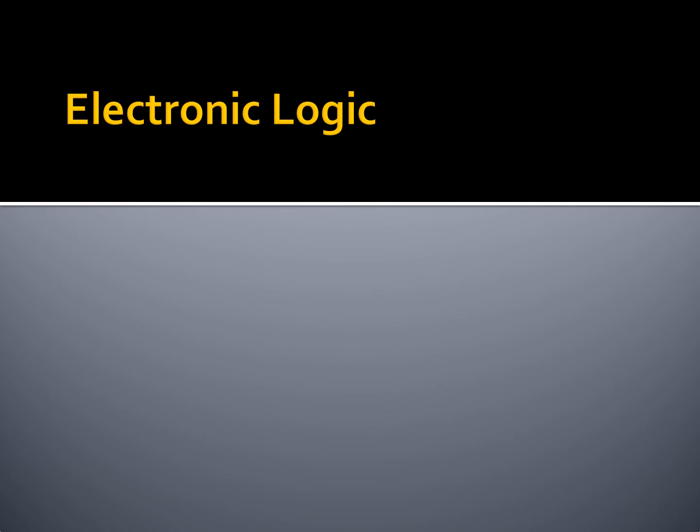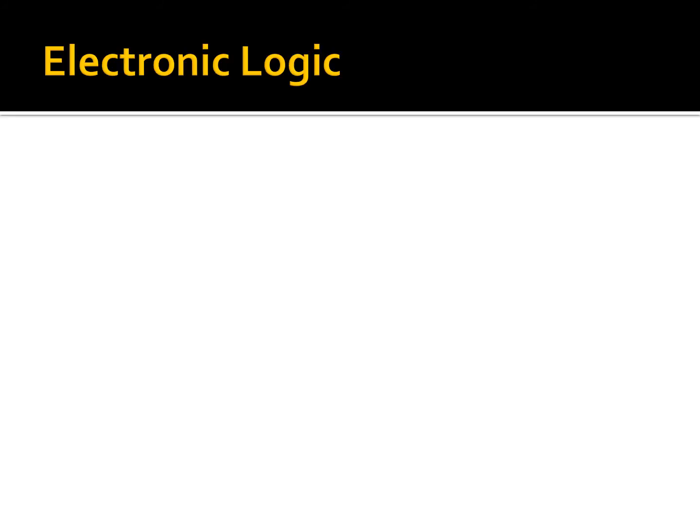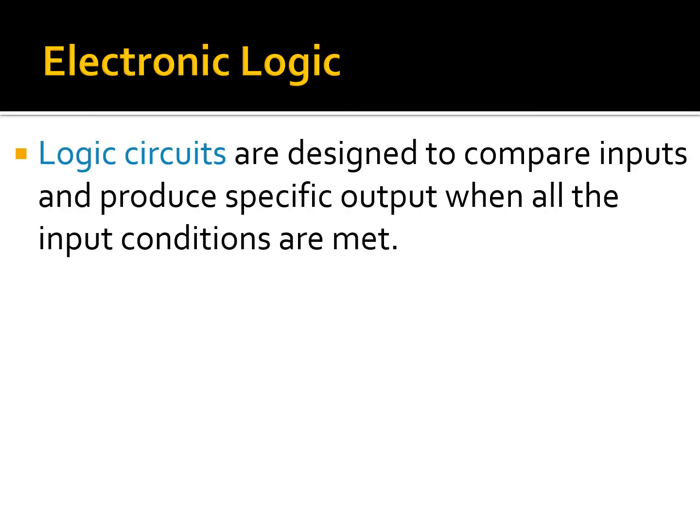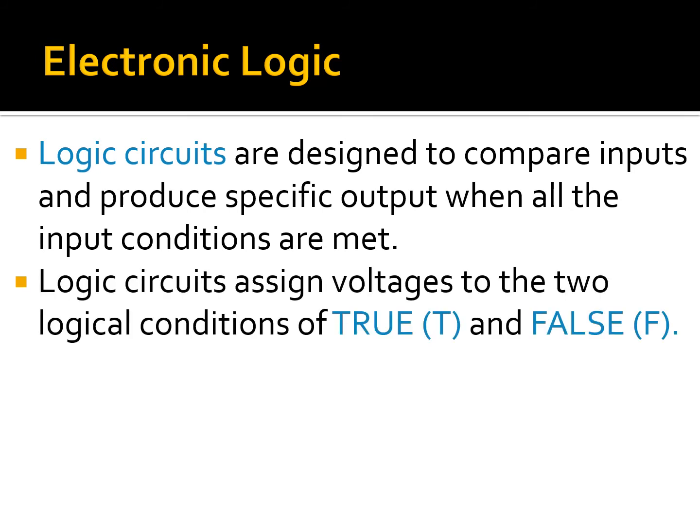So we talked about digital signals and the like, and now we're going to talk about electronic logic. And electronic logic is actually basically how everything works inside of our computers and chips that we use right now. So logic circuits are designed to compare inputs and produce specific output when all the input conditions are met.